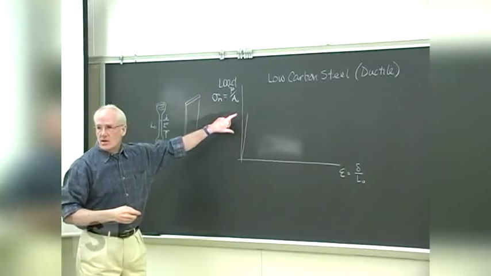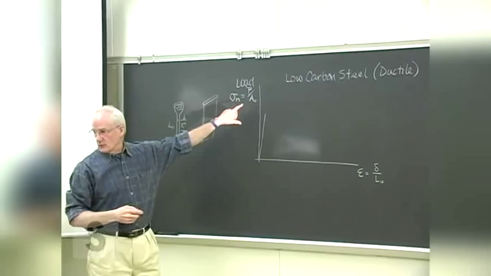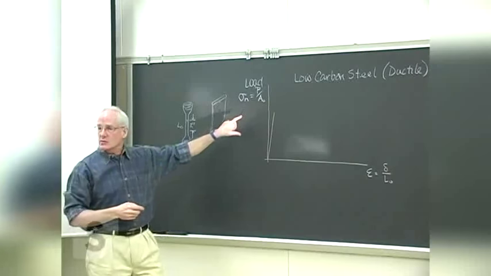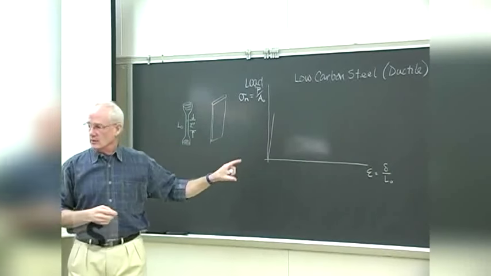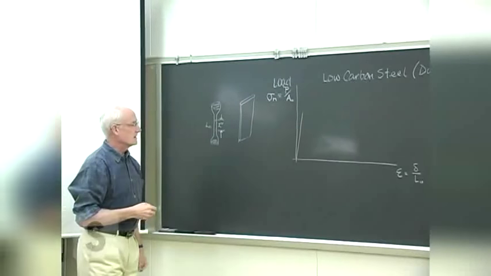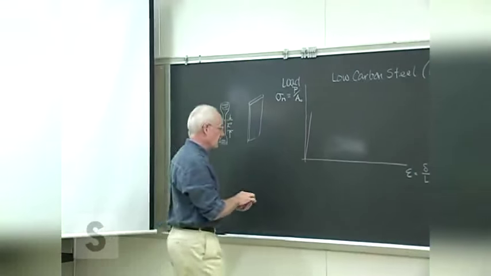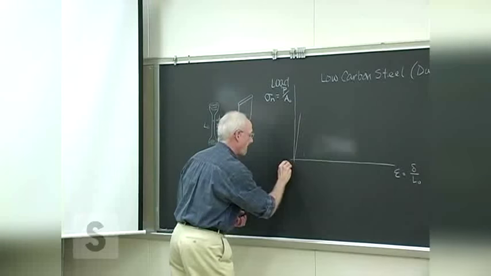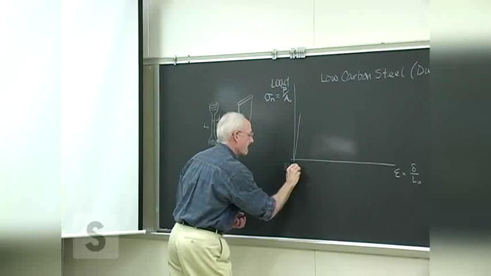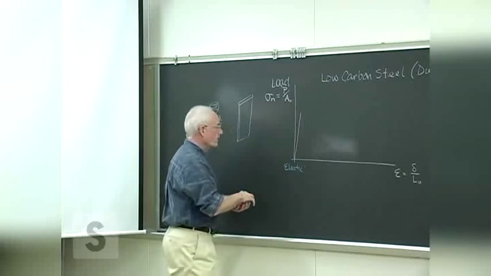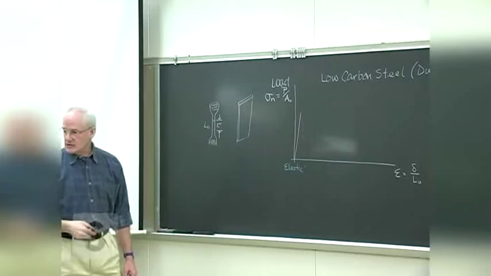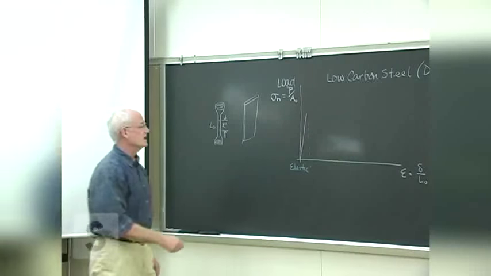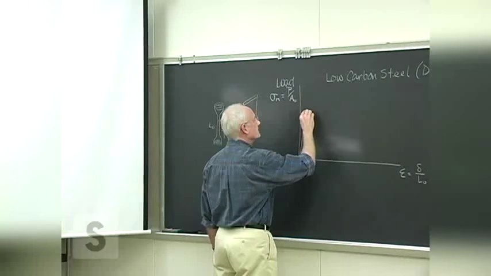Any material who, once the load is removed, has zero residual strain in it is considered an elastic material, and this is the elastic region. And you can imagine just how steep this is, pretty important to the different materials.